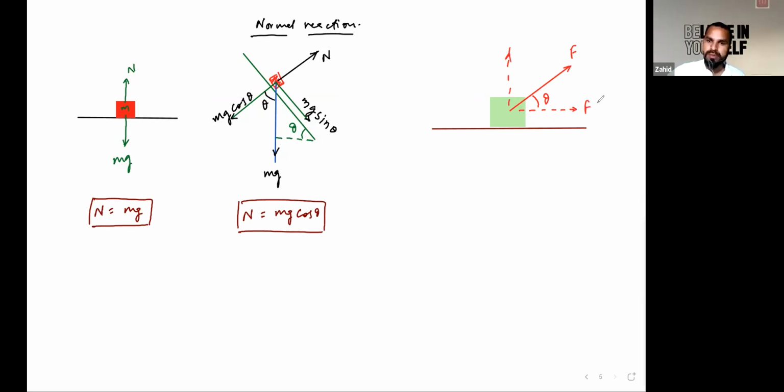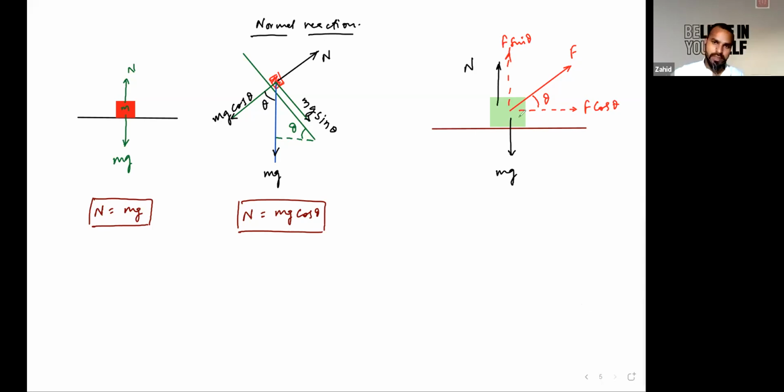This term would be taken as F cos theta, and this term will be taken as F sin theta. Due to this body having mass, it must be experiencing a downward force of mg, and against it there would be a normal reaction like this.